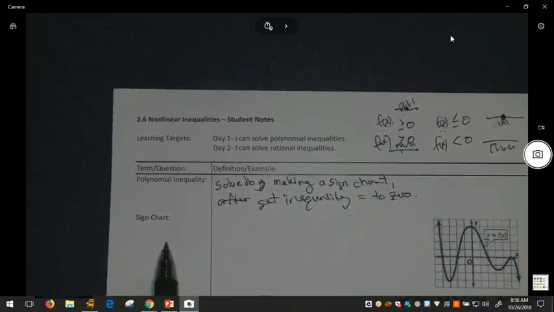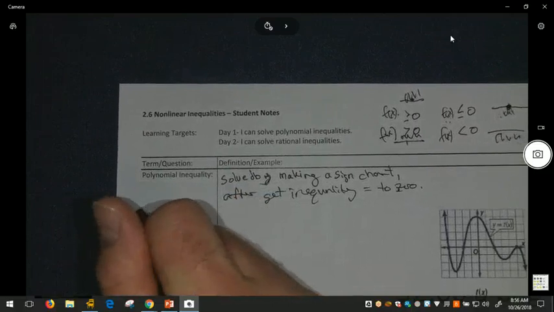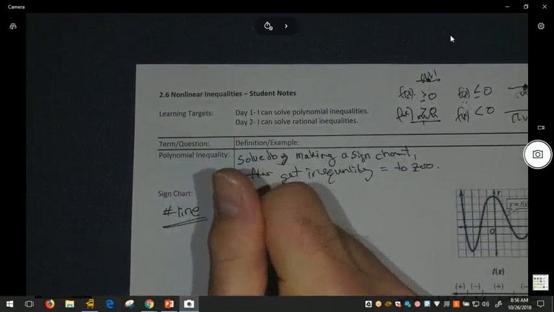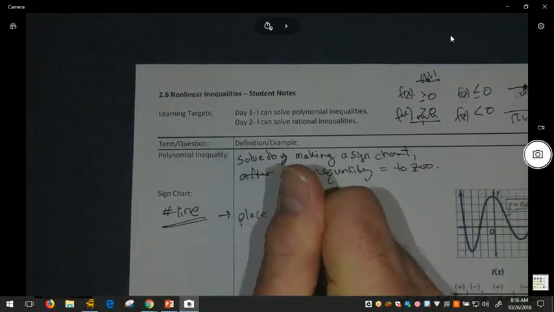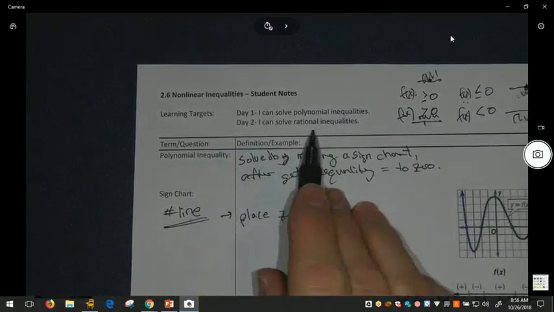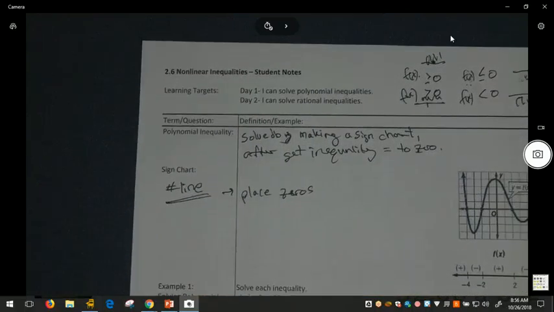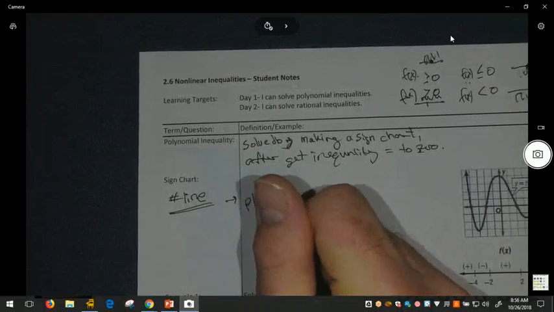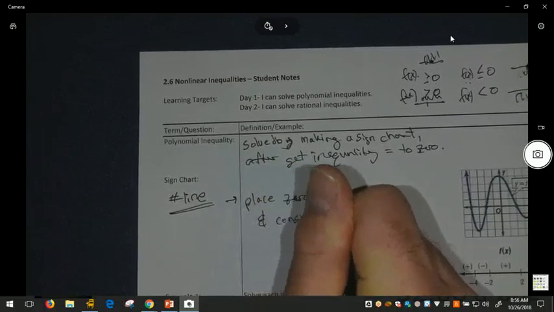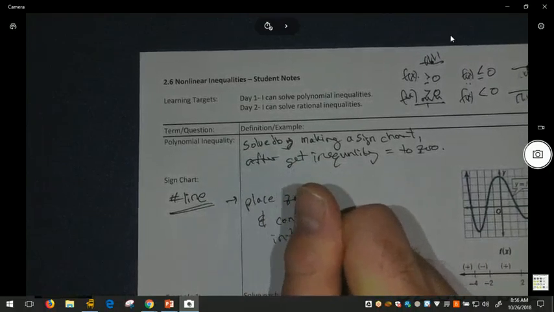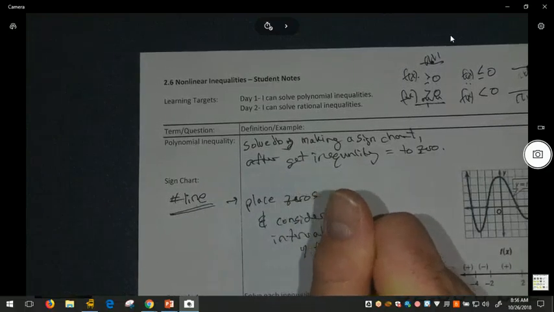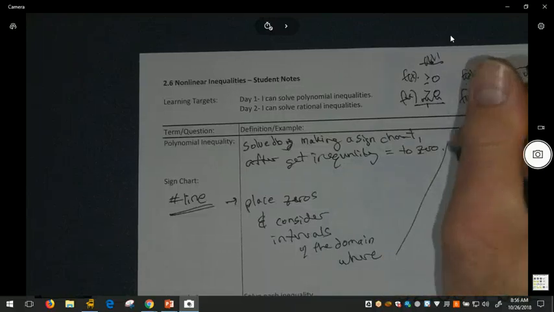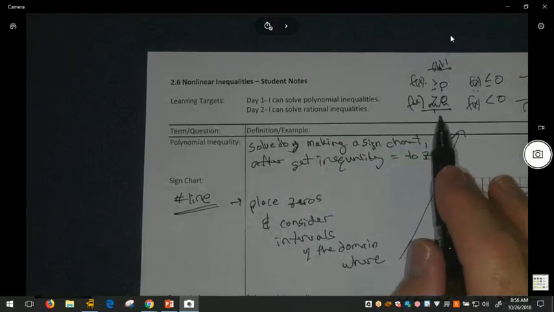A sign chart is something that we make. It's a number line where we place the zeros, and when we get to tomorrow's lesson, solving rational inequalities, any interruptions in the domain, and consider intervals of the domain where the function is greater than or equal to 0.